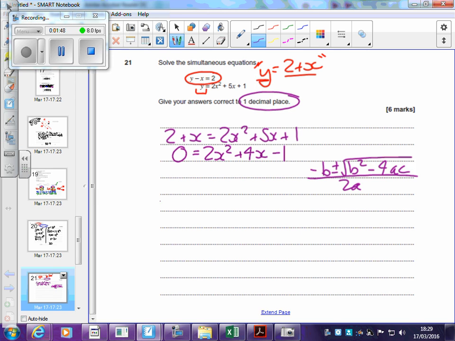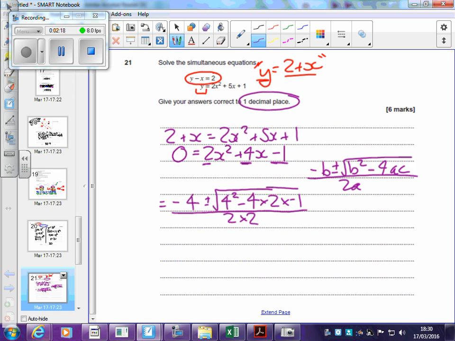Okay, so for this one, I can see my b is 4, so I'm going to get minus 4 plus or minus the square root of 4 squared, minus 4 times a is 2, and c is minus 1, all over 2a, so 2 times 2. Just a reminder, the a is the 2, the b is the 4, the c is the minus 1.